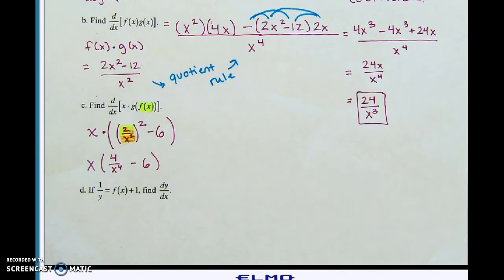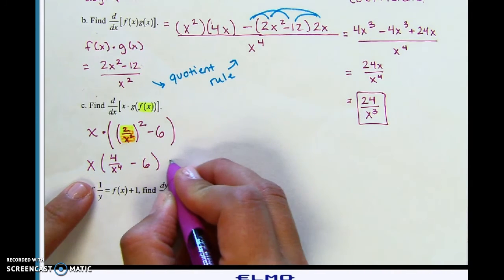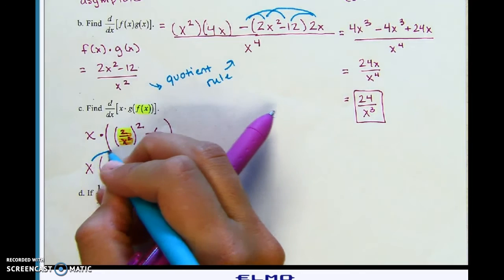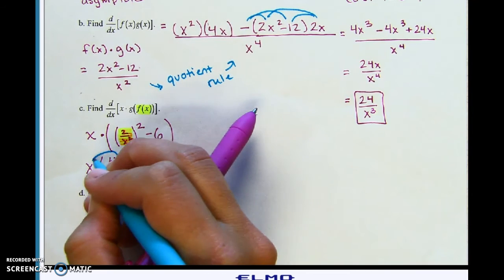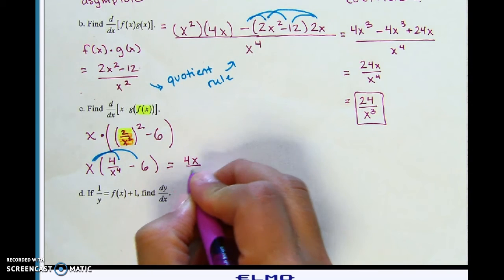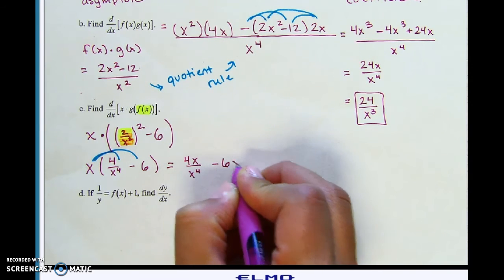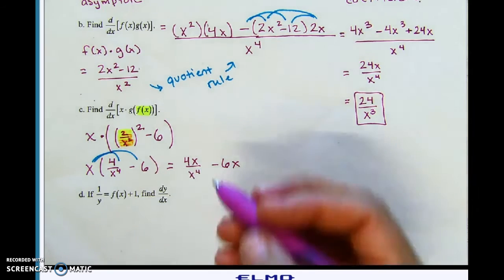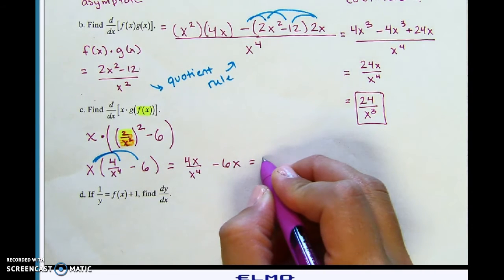All right, what should we do next? Distribute this x. Remember, we're trying to simplify this before we ever take a derivative. So when I distribute this x, I have 4x over x to the 4 minus 6x. Can this be simplified?